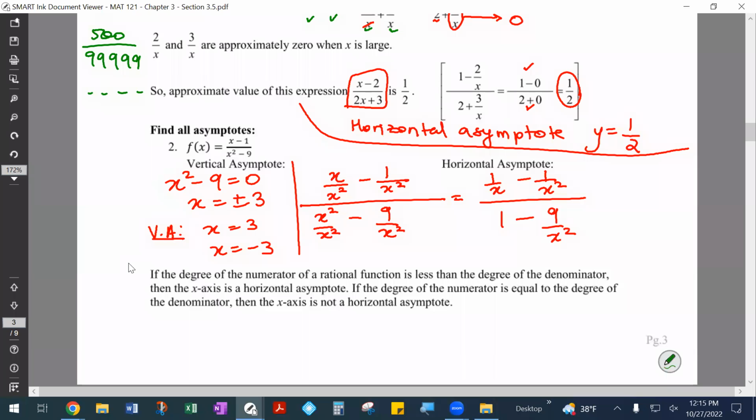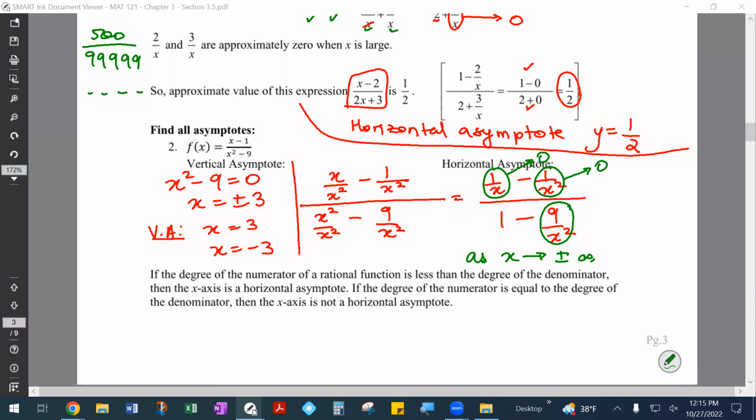As x goes to positive and negative infinity, remember this expression will be going to 0, because I have 1 on the top and x on the bottom. This expression, same thing, will be going towards 0.